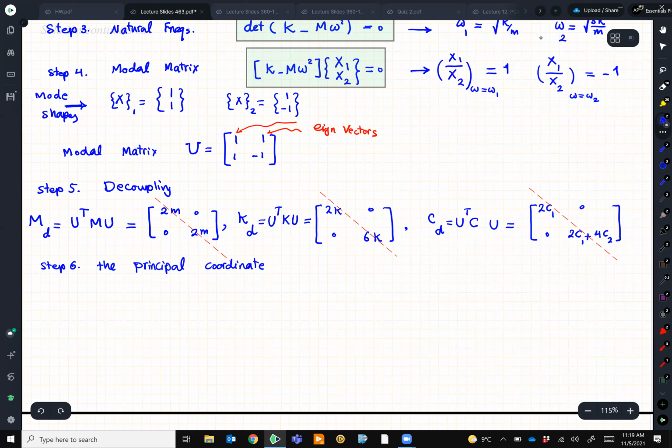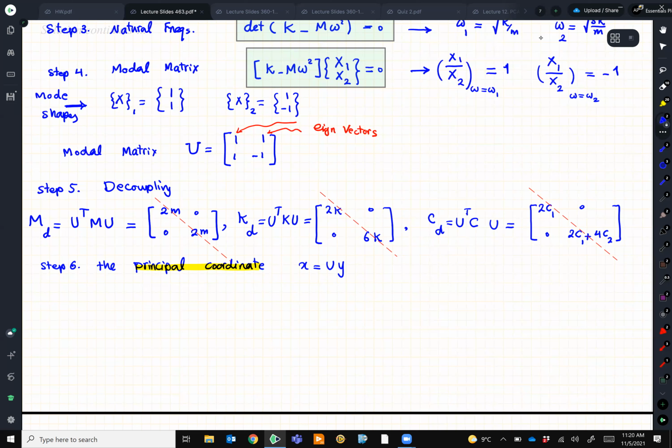Remember we said if we use this transformation, x equal to U y, vector y is our new coordinates. Mathematicians call them principal coordinates because they are in the direction of the eigenvectors. For us, they are just some coordinates that don't have any physical meaning. This is important to know.